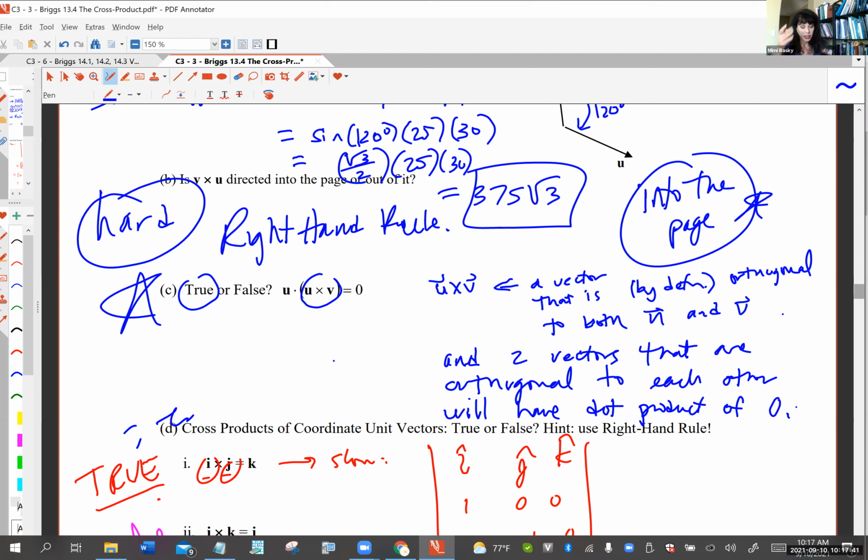But what I saw on some of the things on the quiz was not quite there. So please know that. When you're doing a true false, if something's true, you cite a theorem or you cite a definition. Don't just show one example, because that's not showing something's true universally.